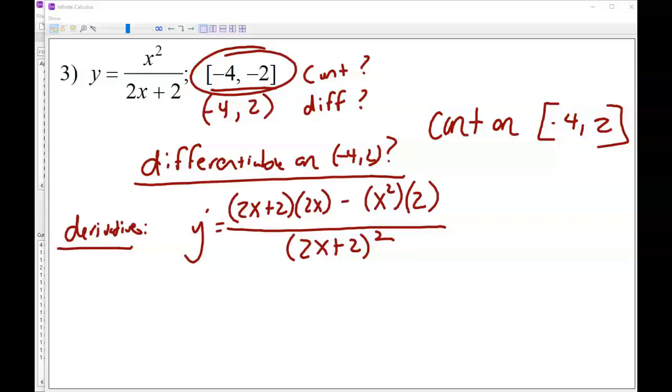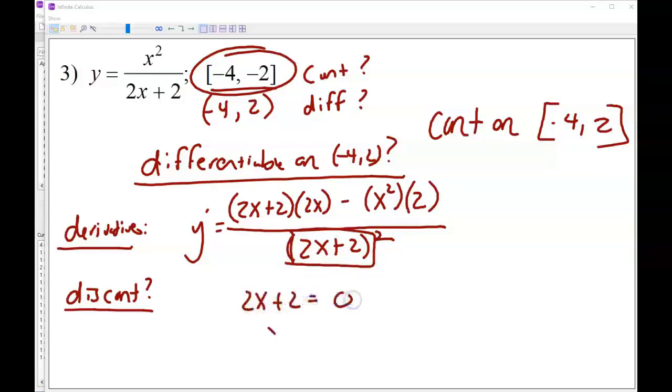Okay. So what we can do is we can look for the discontinuities for this derivative. Now, if the derivative is discontinuous at a certain point, then that means that the original function is not differentiable at that point. Okay? So we have the same kind of function. It's still a rational function. And so the denominator, which is really the same denominator, can't equal 0.